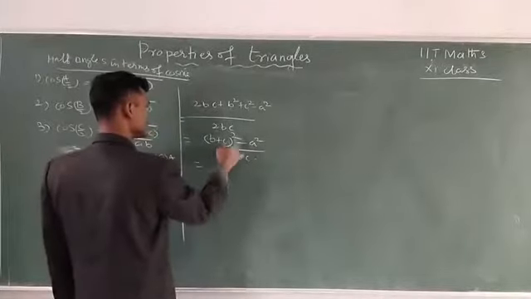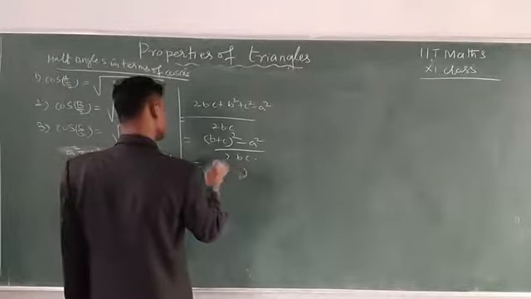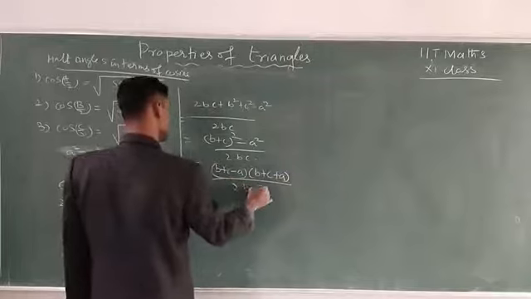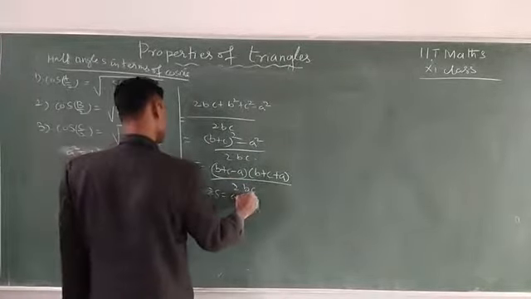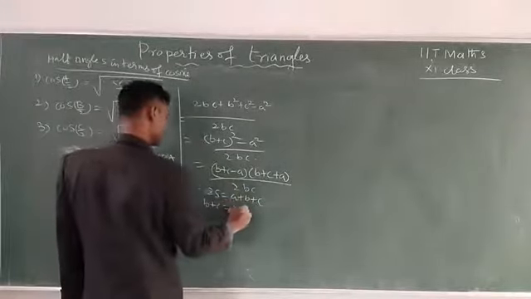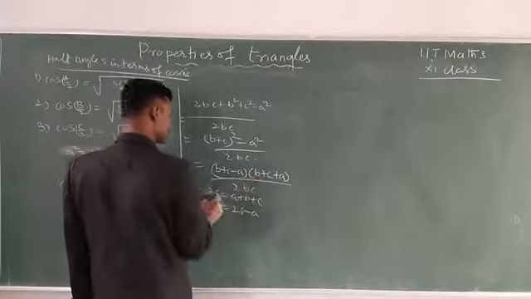Now a square minus b square means (a plus b) into (a minus b). Now (b plus c minus a) into (b plus c plus a) by 2bc. Now we know that 2s is equal to a plus b plus c. Now b plus c is equal to 2s minus a. Next, a plus b plus c instead of, you can write 2s.